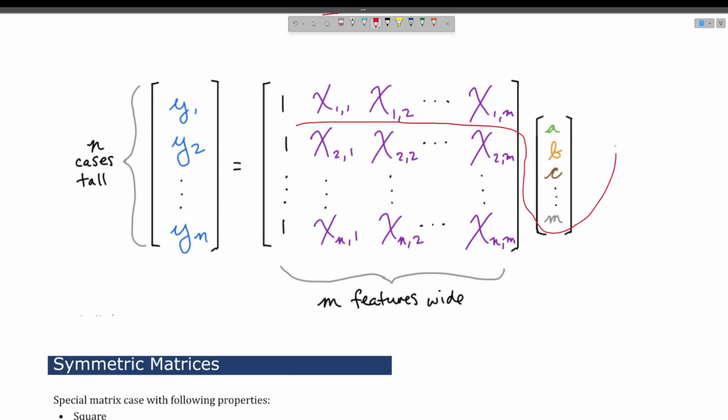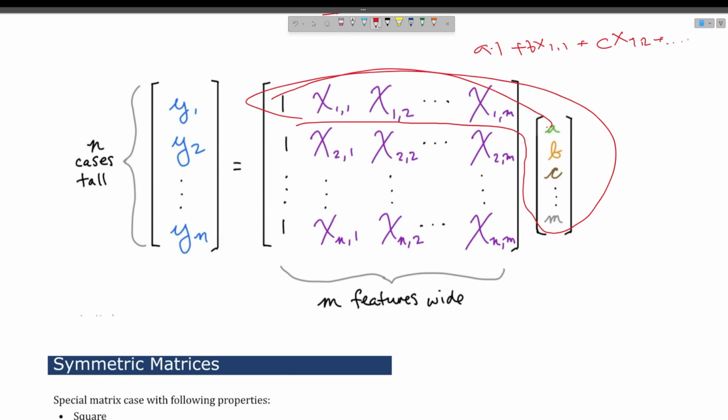If we just do this, what do we have? a times 1, plus x1,1 times b, then it adds up, right? x1,2, and then x1,m, right? So exactly, and obviously it should be equal to this.